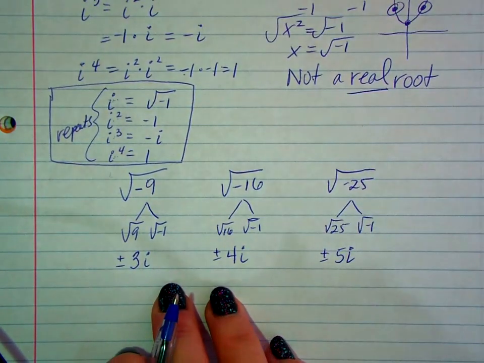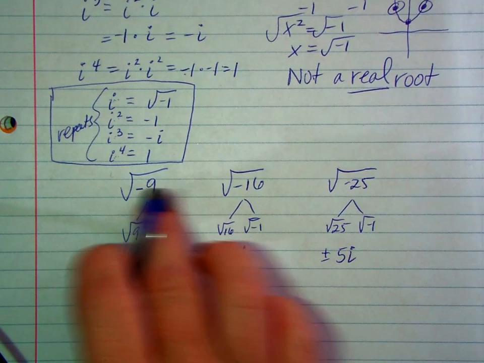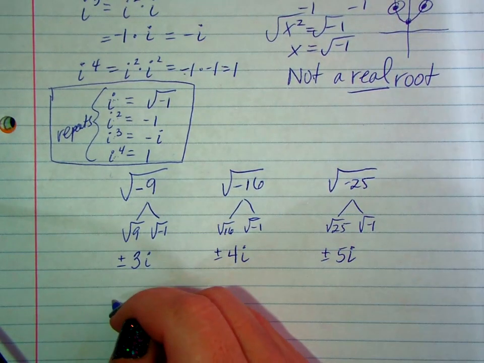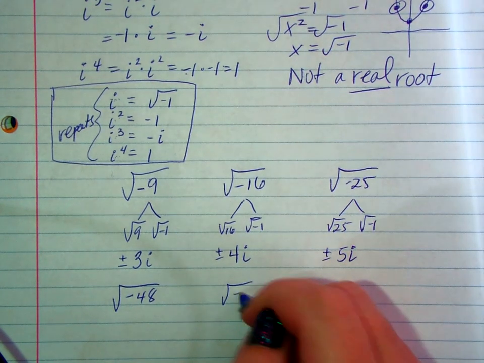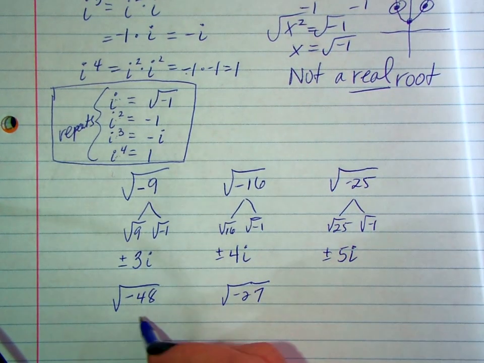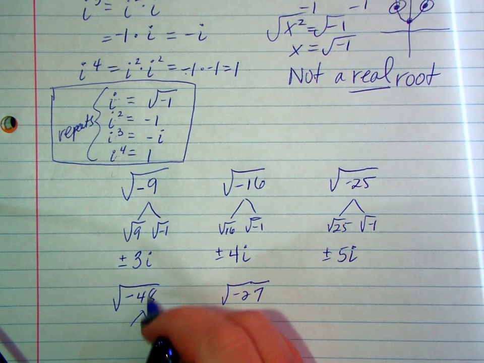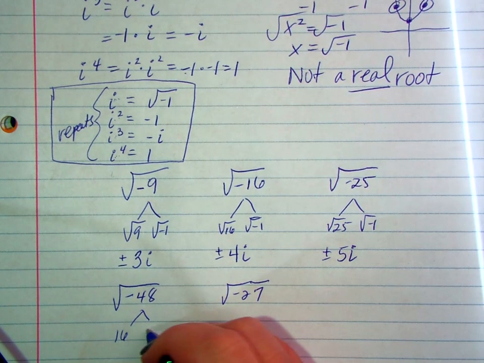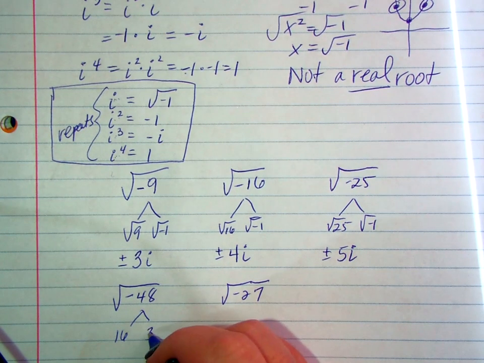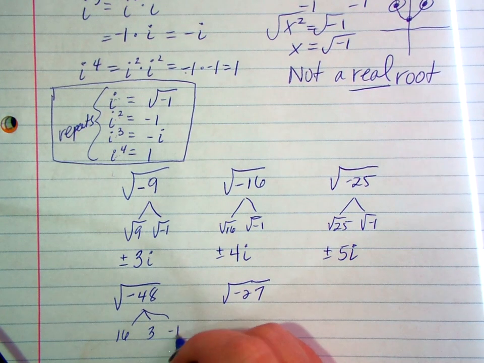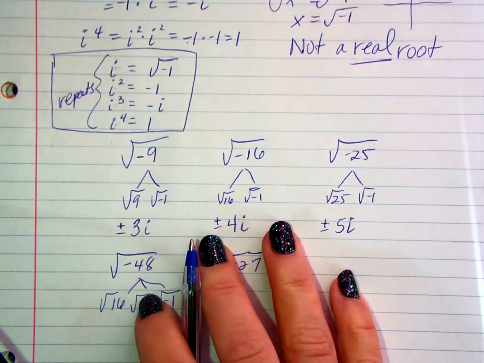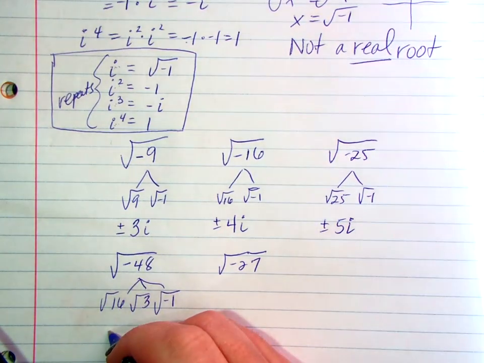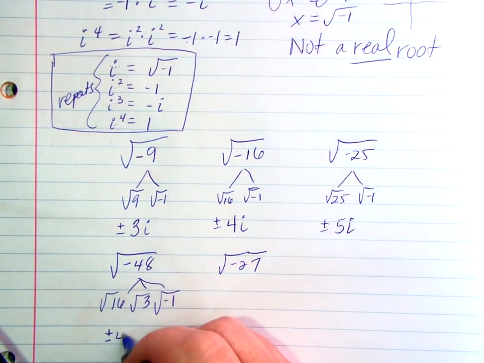Now, what if the radicals need to be simplified, but they're not perfect squares? So what if we have the square root of -48? What if we have the square root of -27, for example? So break these up into what times what equals 48. So for example, 48 is 16 times 3. Well, don't forget we have this -1 now. So the square root of 16 would be plus or minus 4.